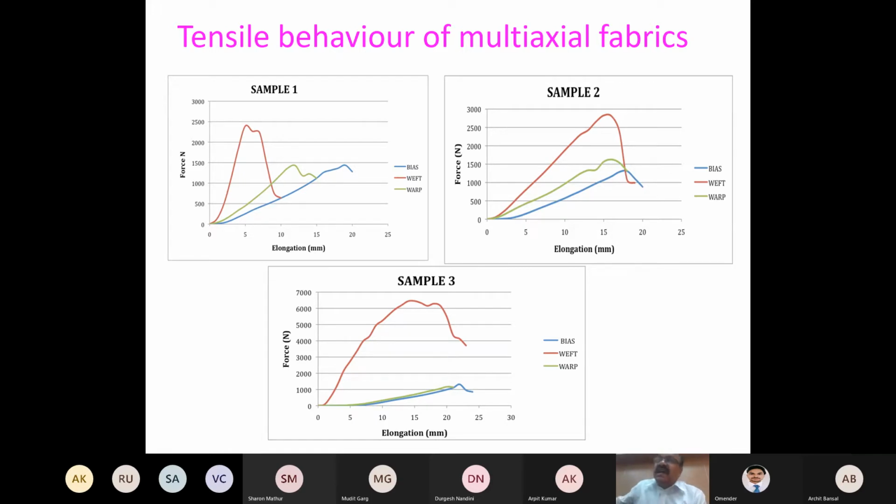So this is the advantage of multi-axial fabric in terms of modulus because of the absence of a decrimping zone, because the yarn does not have any crimp. This is considered one of the biggest advantages of using this fabric as a preform for making textile structural composite.